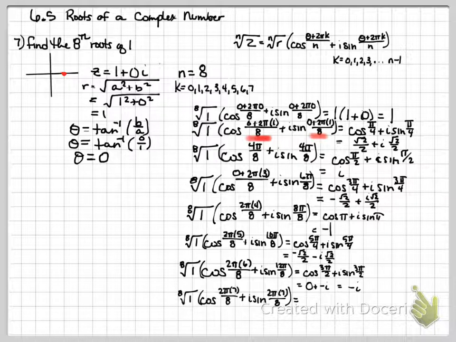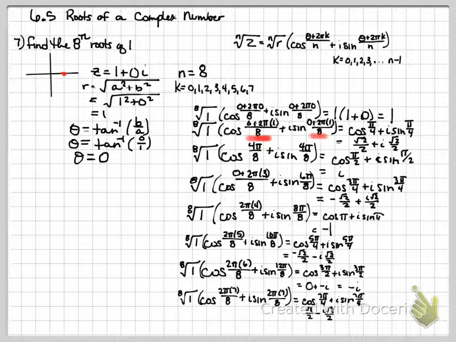That's going to end up being 7 pi over 4. So the cosine of 7 pi over 4 plus I sine of 7 pi over 4. 7 pi over 4 for cosine is root 2 over 2 plus sine of 7 pi over 4 is negative, so negative I root 2 over 2. And there's our last root.